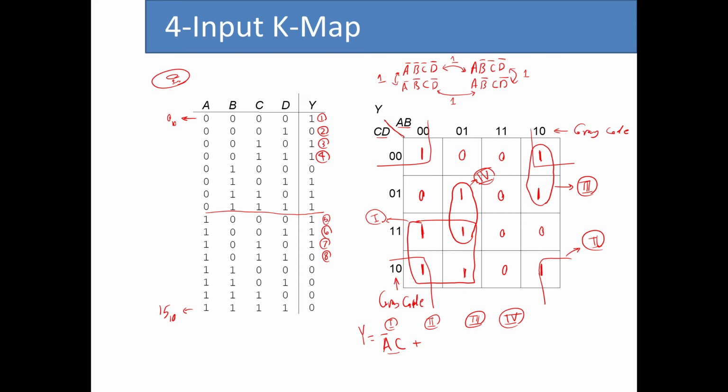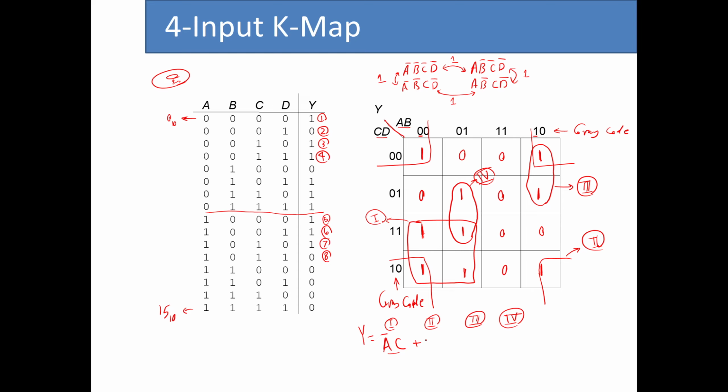Now let's just go for the second circle, the circle that encompasses all these ones at the corners. So for all these ones, as you can see, the value for A changes. It can have both 0 and 1. So since it has both the variable A and its complement, it is not going to be included. So A is not included. What about B? B is always 0 for all these 4 ones.